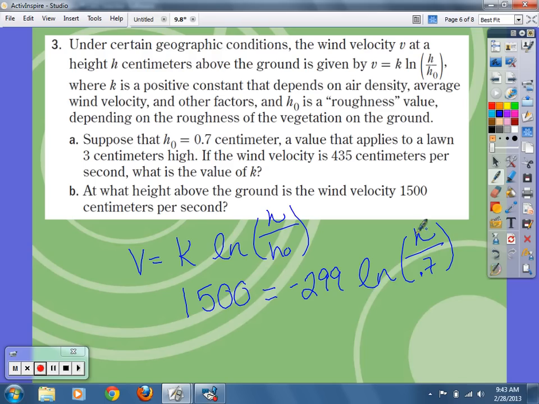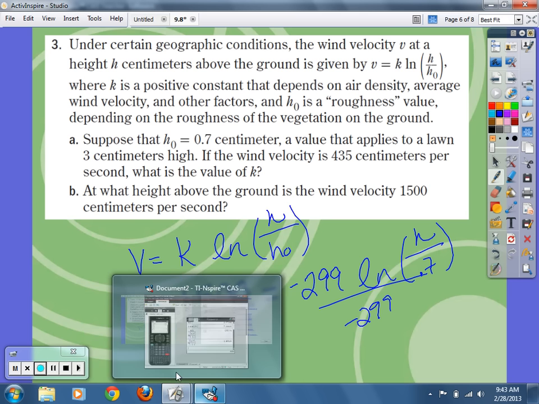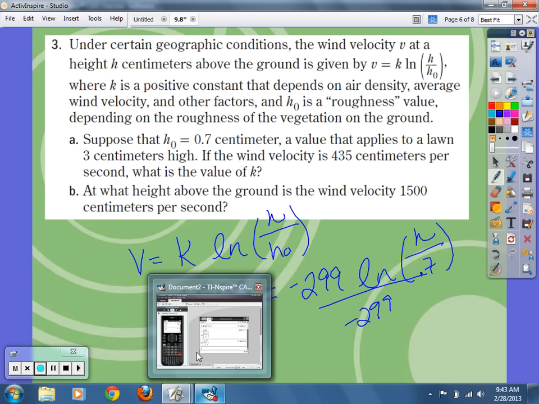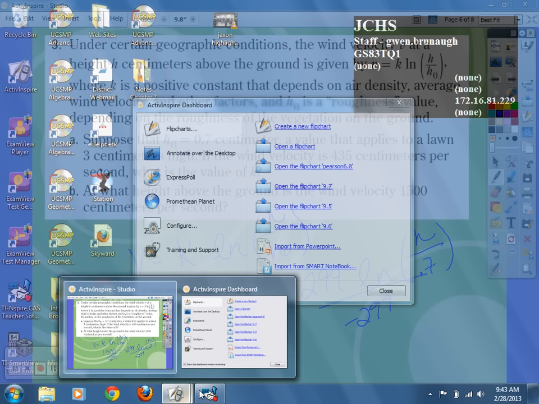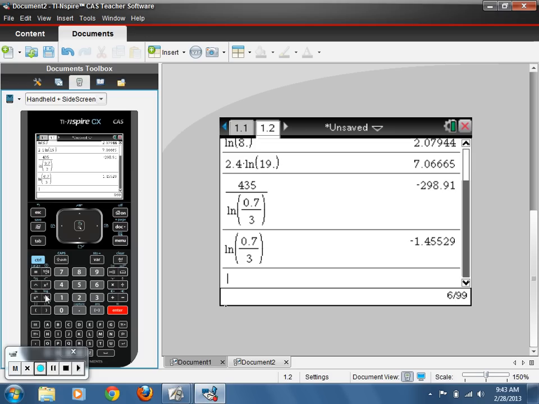Okay, on this one we're solving for H. We'll divide both sides by negative 299. I already lost the numbers. 1500 divided by negative 299.